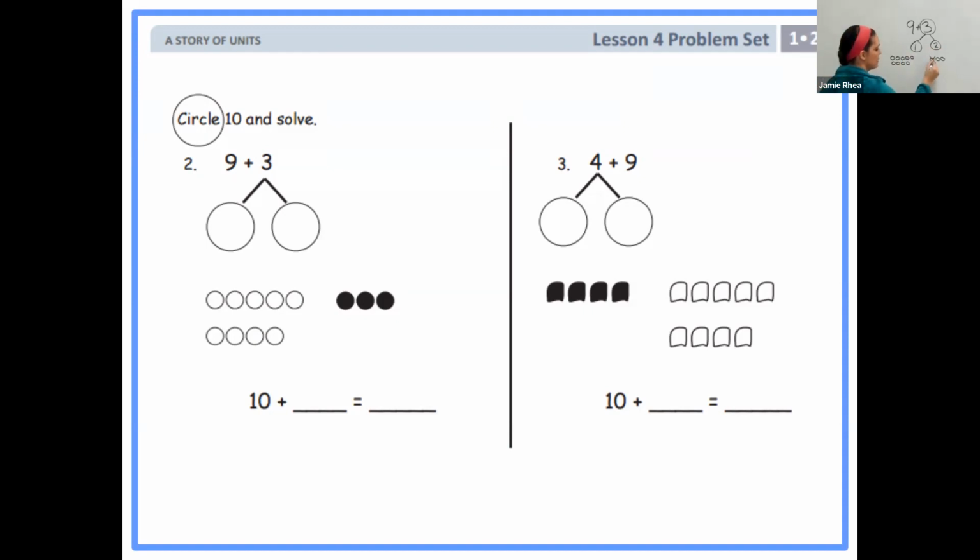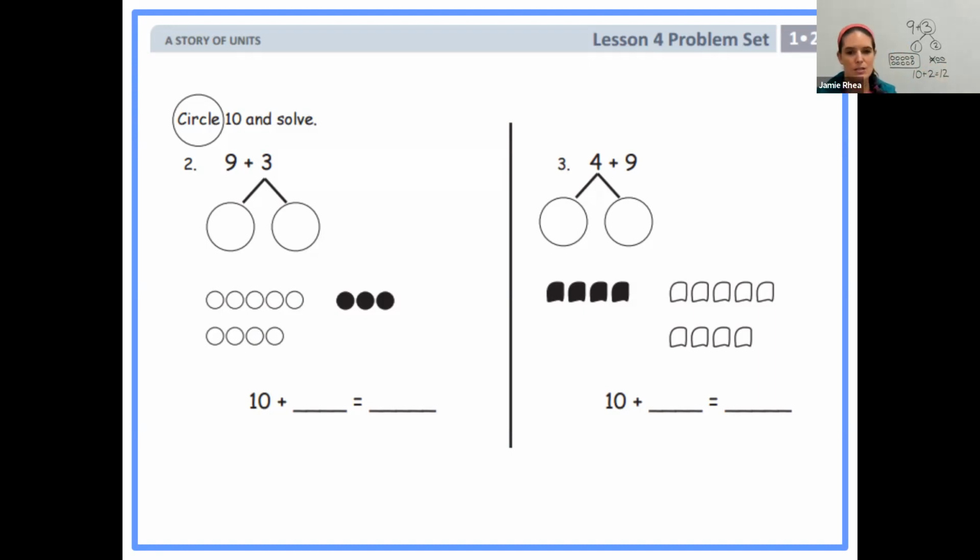So I'm going to take this one and put it over here. Now I have 10, okay? And I have 2 left over because I took 1 over here. Now I can say 10 plus 2 equals. What is 10 plus 2? 10, 11, 12. I have 12.